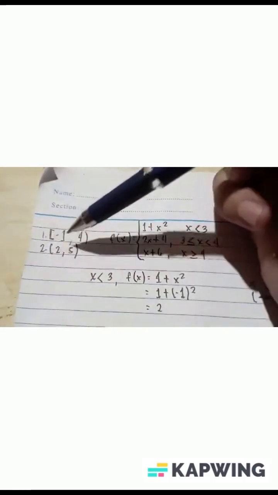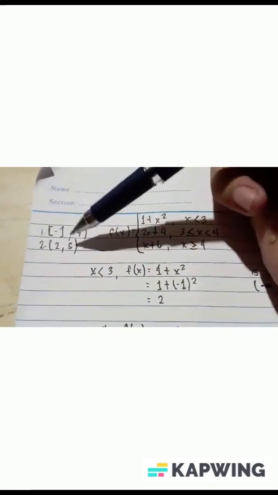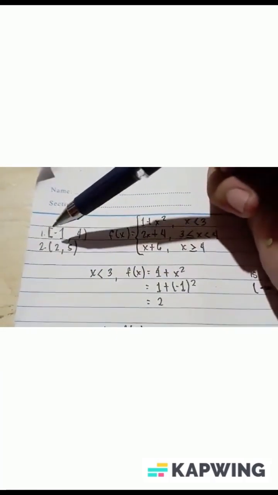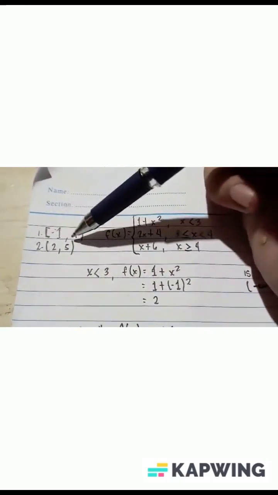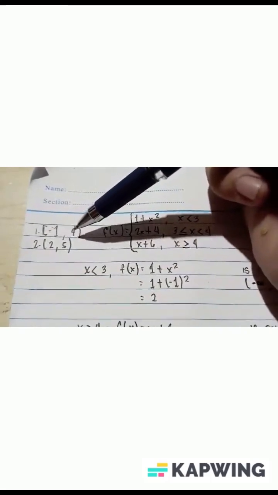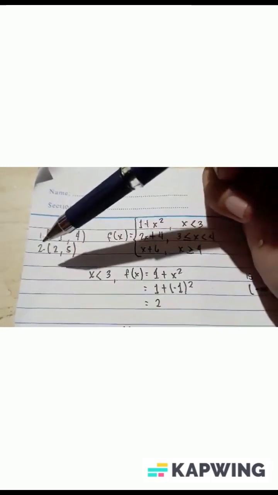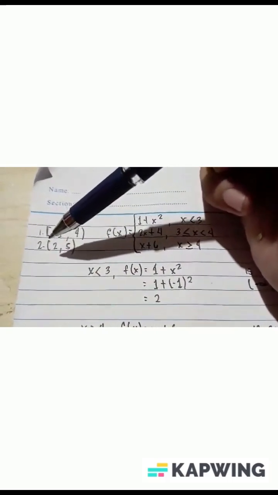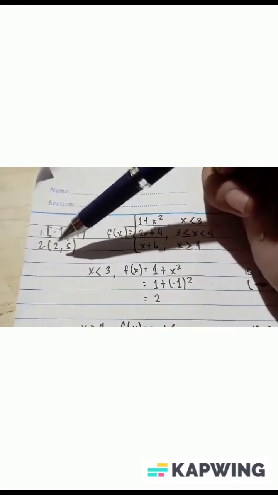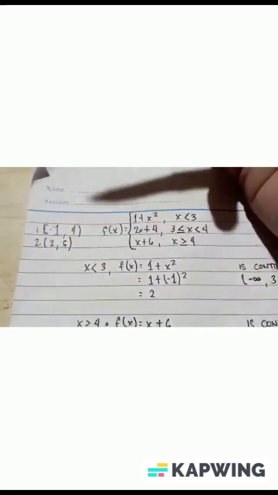Our interval in number 3 is -1 bracket and 4 open parenthesis. In number 4 it is closed parenthesis 2 and 5 open parenthesis.